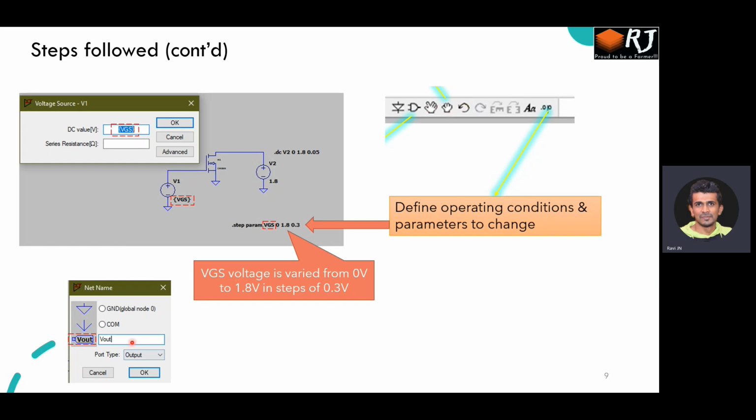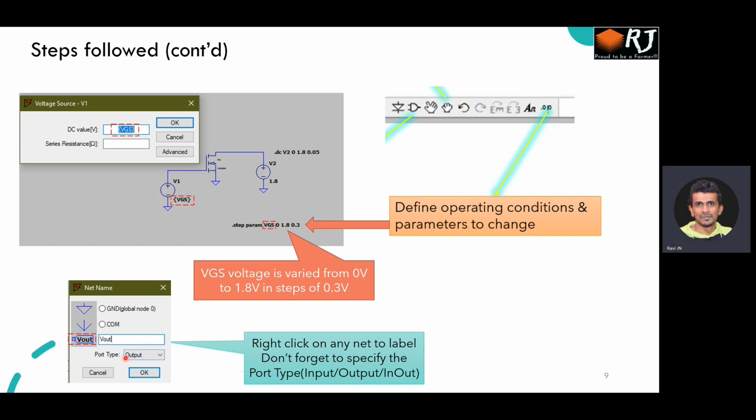There is an option to give the net name also. Using that, you can also give the port type. Don't forget that, because we need to specify whether the port that you are selecting is a signal port or a PG port. For that, you need to specify whether it is input, output, or in-out. For that purpose, it's important.